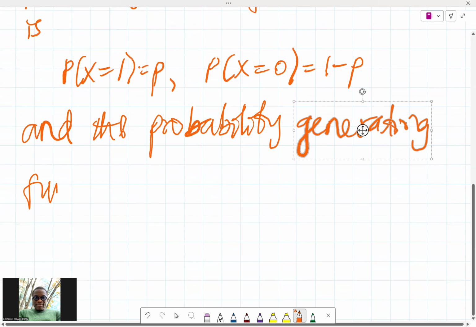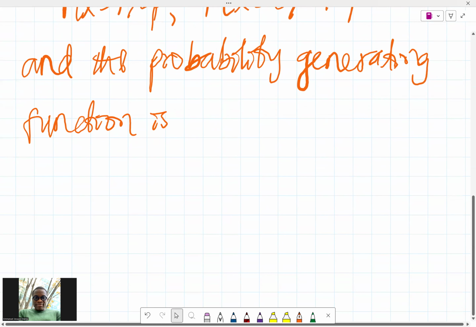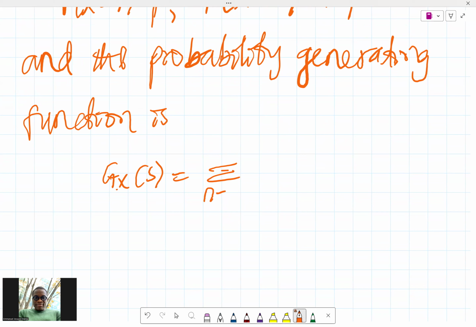If you follow the general definition, G_X(s) is the summation from x equals 0 to infinity of p_x s raised to power x.